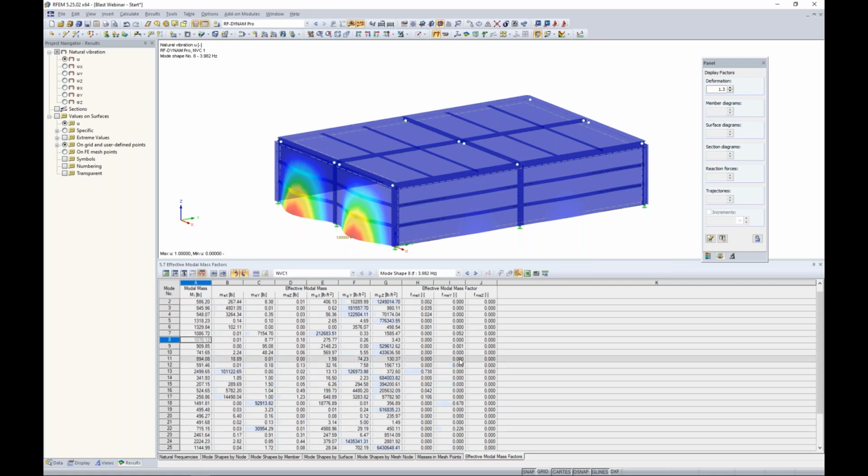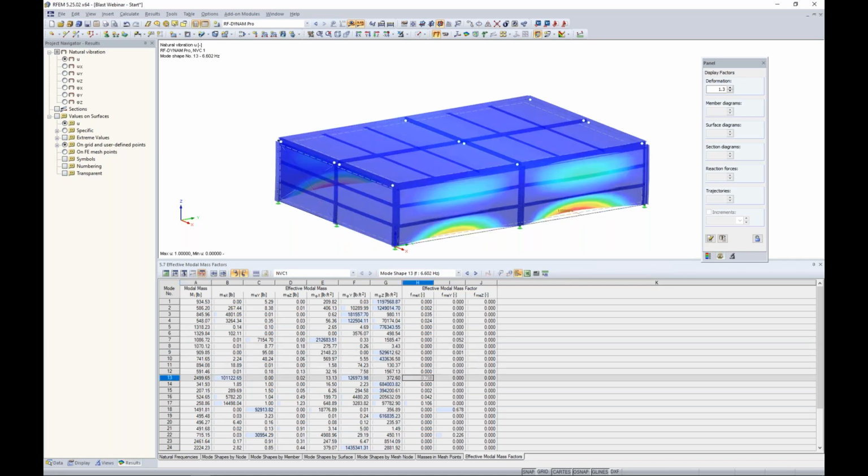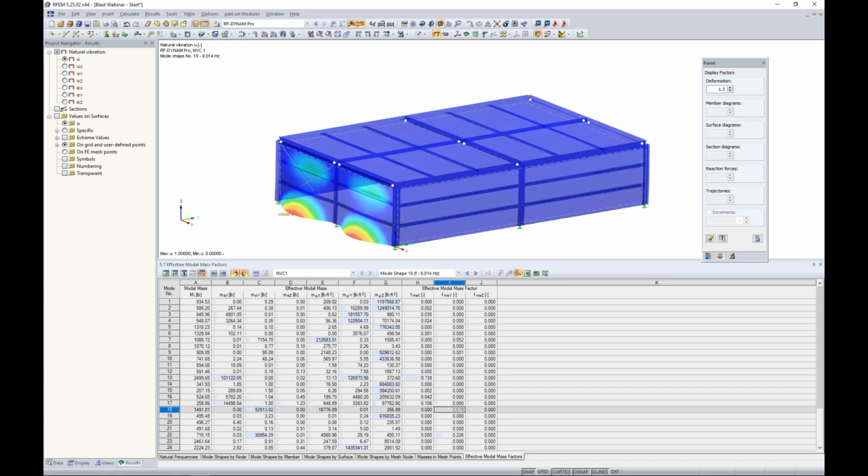What else I want to pay careful attention to is what we call the dominant modes. So if I look at a lot of these early modes, we really don't have much mass participation going on until we get down to mode shape 13. And we have 74% participation in the X direction. Then I go a little bit further and I see my dominant mode in the Y direction.